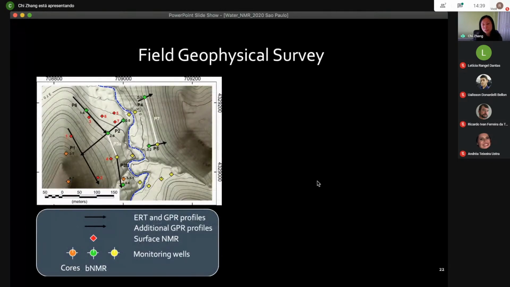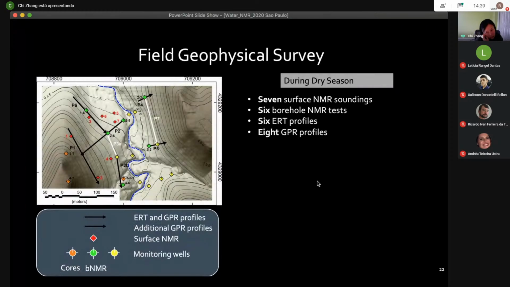So what kind of geophysical measurements did we do? We went out during the dry season, and we did 7 surface NMR soundings, 6 borehole NMR tests, 6 ERT profiles, as well as 8 GPR profiles.